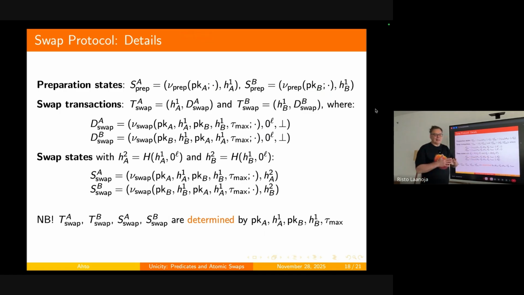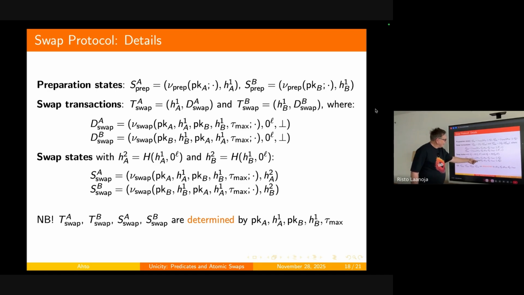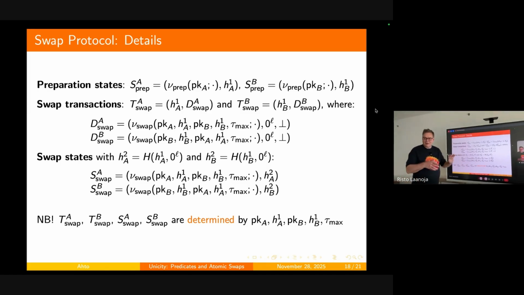So we know that x should be 0. And the swap states are then as follows. Now, for the swap predicates, you should see that here B's public key and B's hash are in the first place and A's hash is in the second place. They're in the opposite order.